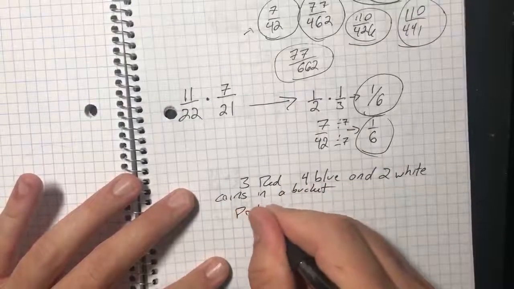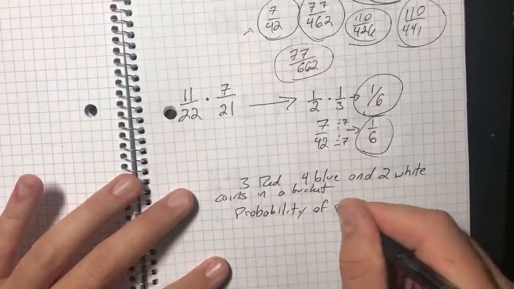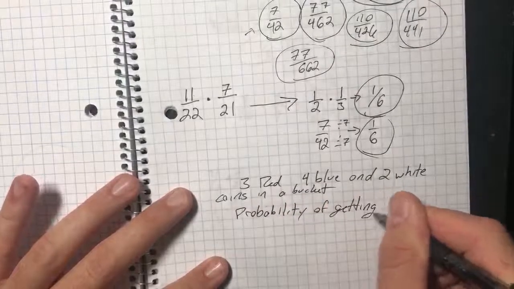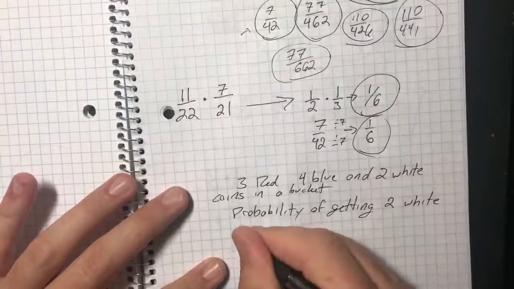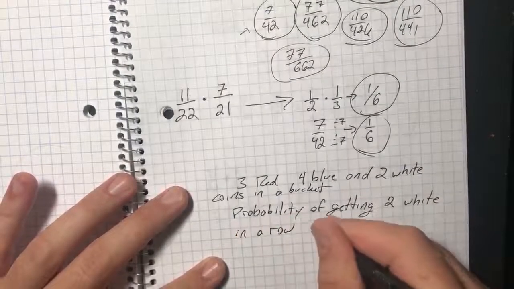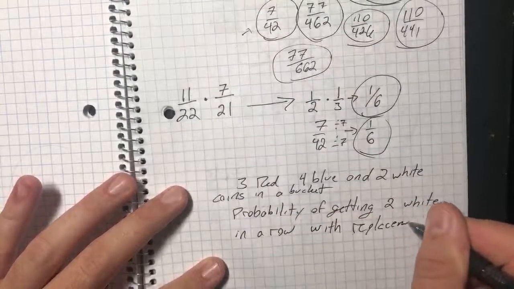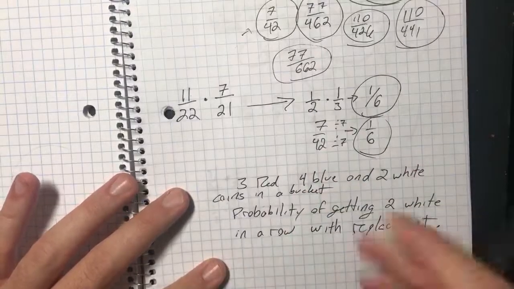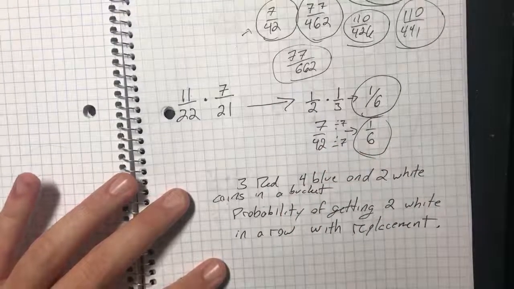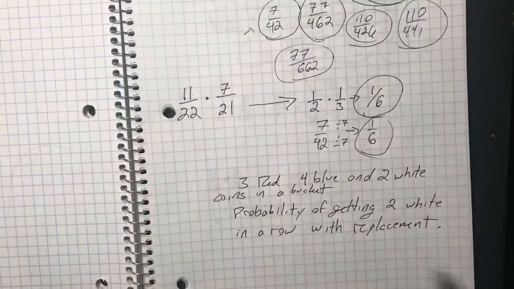The probability of getting 2 white in a row with replacement. What that means is you draw a coin out of a bucket, and then if you get the one you want, great, put it back in and do it again. You replace it. So what is the probability?